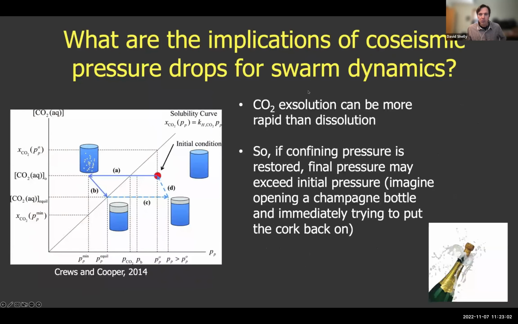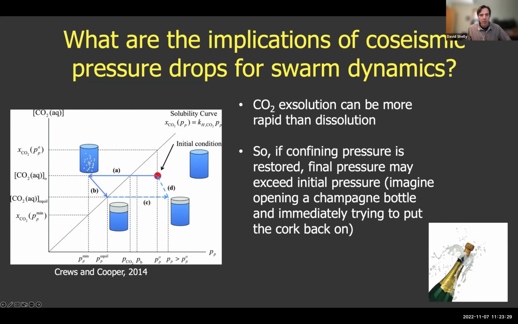And there may also be implications of this process for the swarm dynamics themselves. This is a plot showing CO2, and the horizontal axis here is pressure. The vertical axis is the CO2 that's dissolved in the aqueous phase.